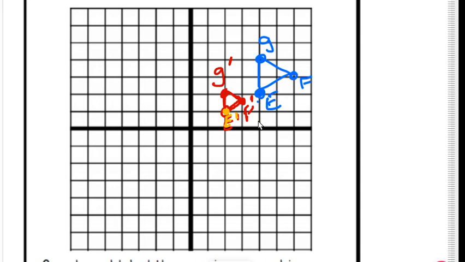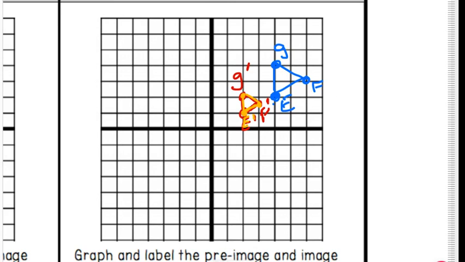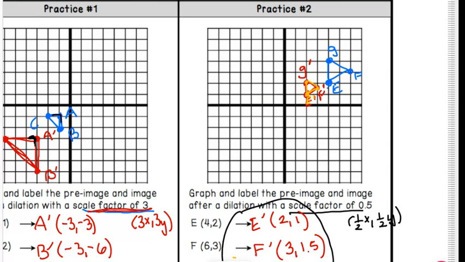Now F prime was over 3 up 1.5. So you want to be very careful here. 1.5 is in between 1 and 2. Okay? And G was at 2, 2. So you should end up with a triangle that's in the same direction, same shape, but it's smaller. And that's it.